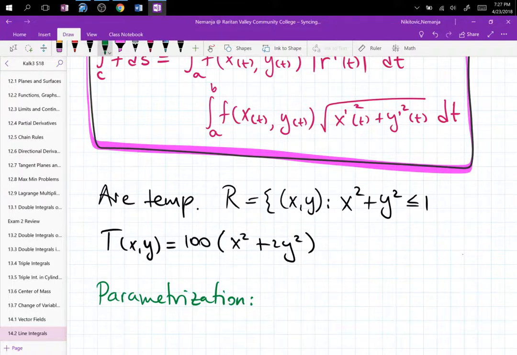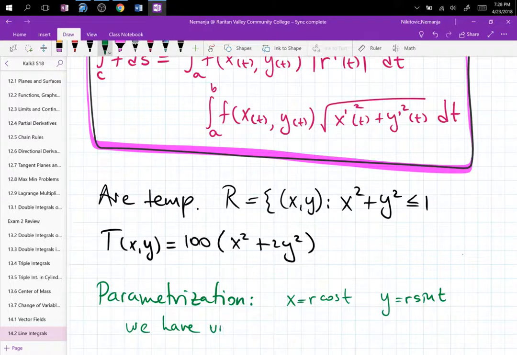So what do I have? I have a circle. We know that the circle would be parametricized through the set of polar equations, right? And we know that the polar equation parametrization is x equals r cosine theta. Well, we'll use t in this case, and y equals r sine t. But this is a unit disk.